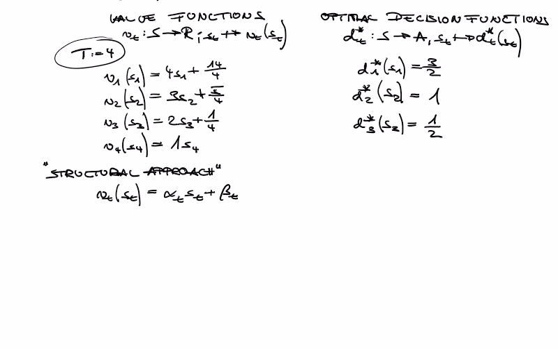Why? Well, if one looks at these forms here, one sees that for V4 there's S4, for V3 there's S3, for V2 there's S2, and for V1 there's S1, and always these states are multiplied by some number.